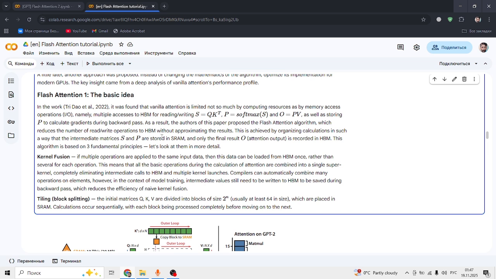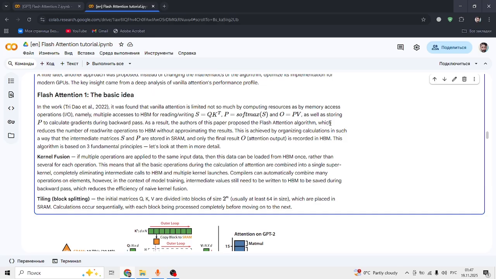It became possible by organizing calculations in such a way that the intermediate matrices S and P are stored in SRAM, and only the final result, the attention output, is written to HBM.